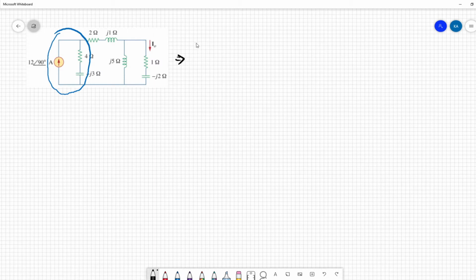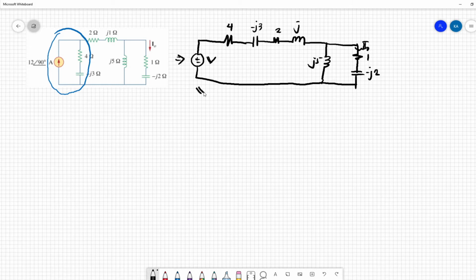So this can be transformed into our V is equal to 12 angle 90 times 4 minus j3, which is equal to 60 angle of 3.13.